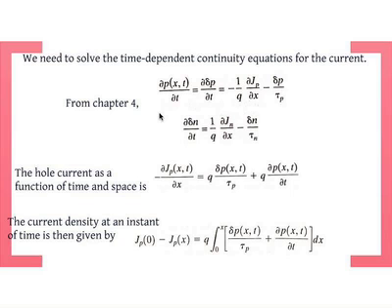To solve the problem mathematically, like I said, we have to make some assumptions, but let's start with what we know. What we know is a continuity equation, which we looked at before. If you look on either side of the junction, you have three things happening.